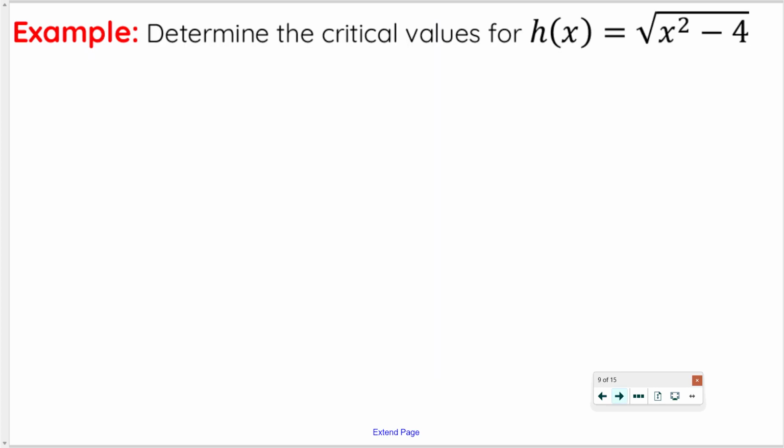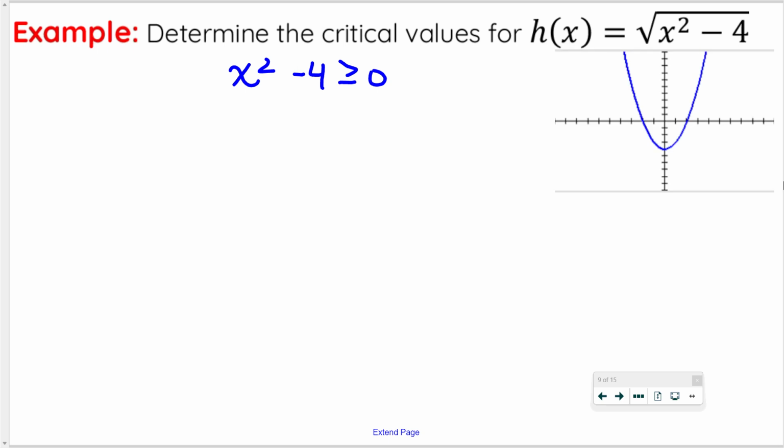So let's try to find the critical values of h of x. h of x is a square root function. The first thing I know about square roots is that I cannot take the square root of a negative number. So at minimum, the inside has to be greater than or equal to 0. This is a quadratic inequality, and I always want to look at those graphically. I know my x-intercepts are at -2 and 2, and I'm looking at where it's greater than 0.